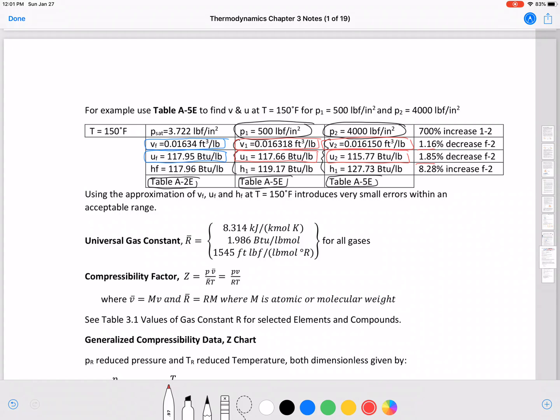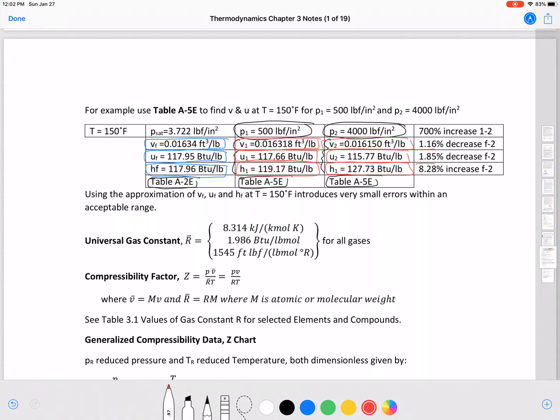And then likewise, in enthalpy, we can use this for enthalpy here, and it's approximating these two values. And you can see even for the big change in pressure, this one has the biggest change, but it's still 8%. It's still within a range of error that's acceptable to us.